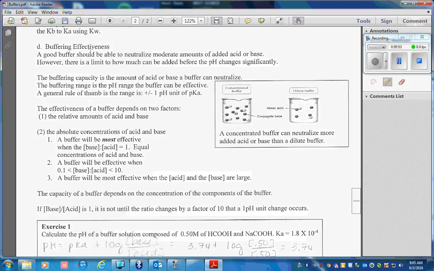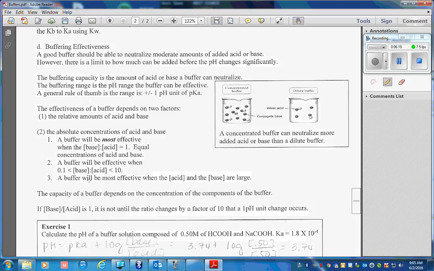A buffer will be effective if the ratio of the base to the acid is about 1. When you have equal concentrations of both components of the buffer, it works best. A buffer is most effective when the concentration of the acid and the base are between 0.1 molar and 10 molar.